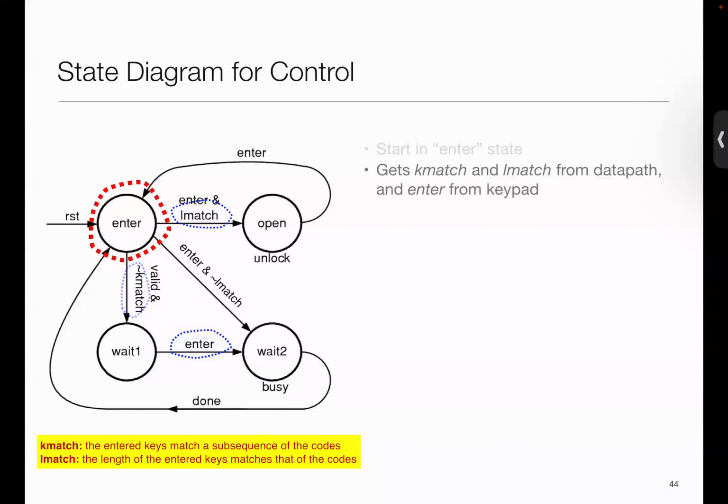I'm still imagining something about my data path. We have not actually implemented the data path. So let's imagine K match is a signal that the data path computes, and it tells me whether the entered keys match a subsequence of the code. Let's say my code was 4, 5, 6, 7.